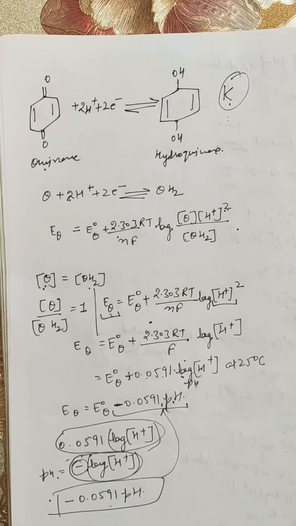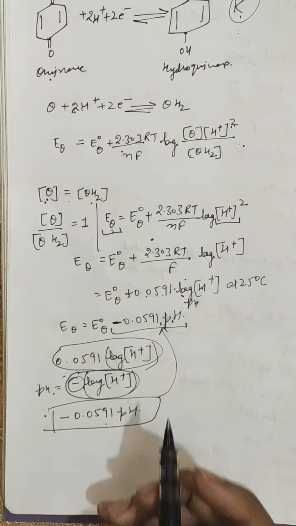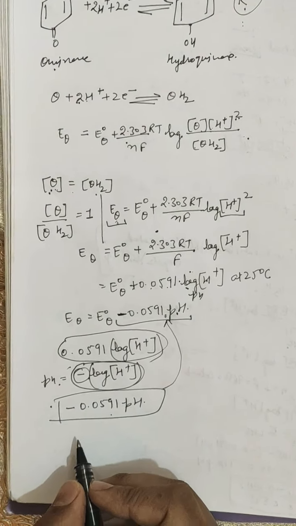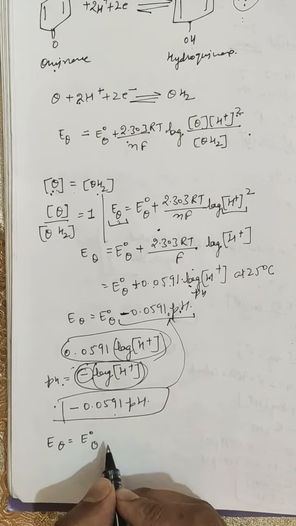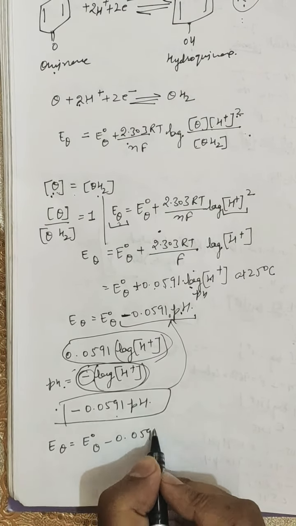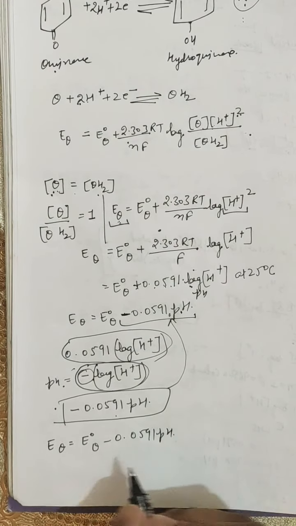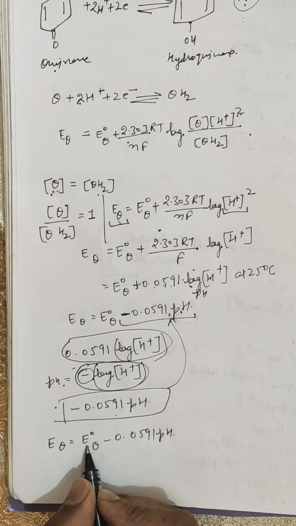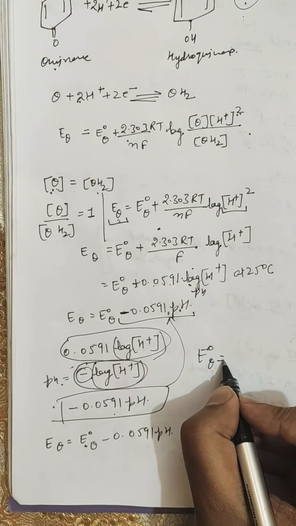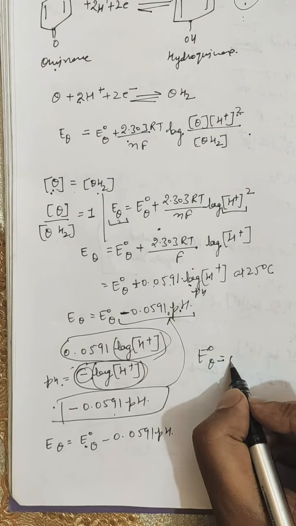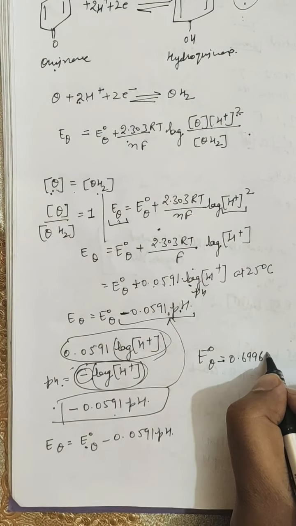The standard electrode potential of the quinhydrone electrode is 0. So EQ is equal to E naught Q minus 0.0591 pH. Further, the standard electrode potential E naught Q is equal to 0.6996 volts.